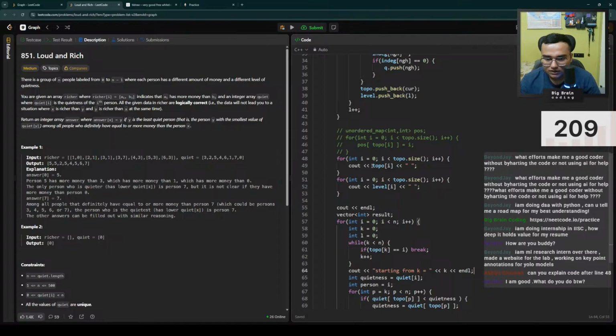Okay, starting from k, so L becomes level of k, right?